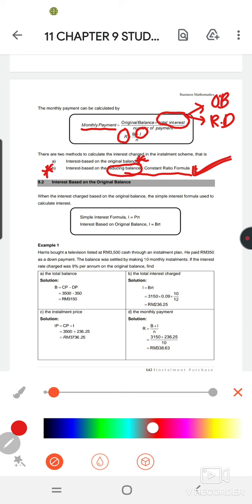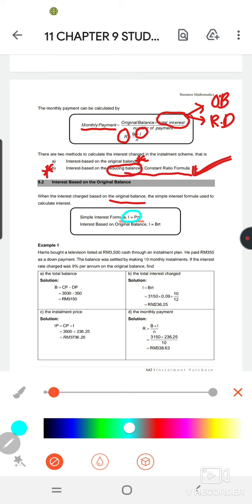Nak kira interest based on original balance. When the interest is charged based on the original balance, the simple interest formula is used to calculate the interest. Sebelum ni kita ada gunakan formula I equals to PRT, simple interest formula yang biasa.